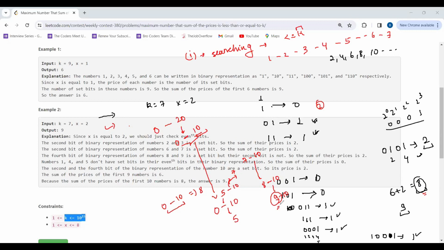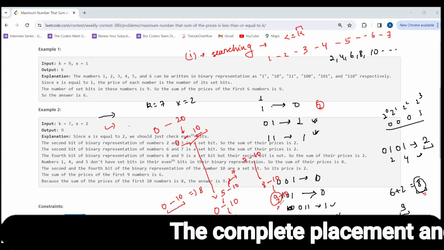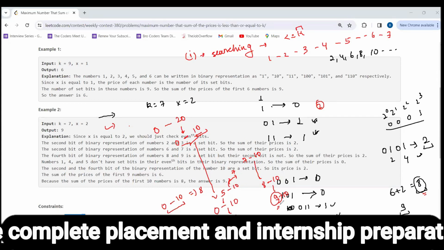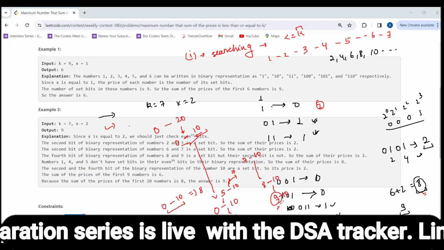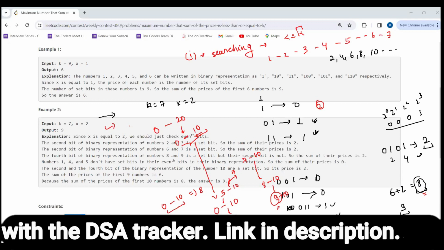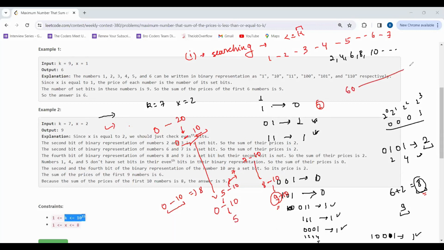First of all, we are dividing the number into bits, and at max, what can be the highest bit set for a number? Let's take 60.